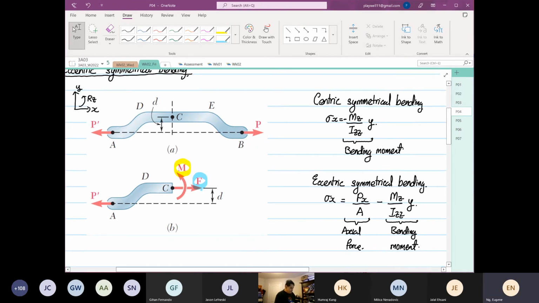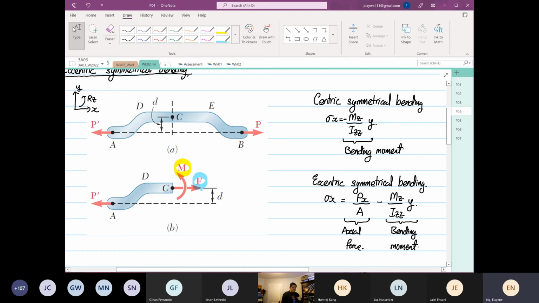Now a question for you guys: why did we analyze point C? Why are we so fixated on point C? Anyone? Is that where it's going to break first? Where it breaks? Bang on.